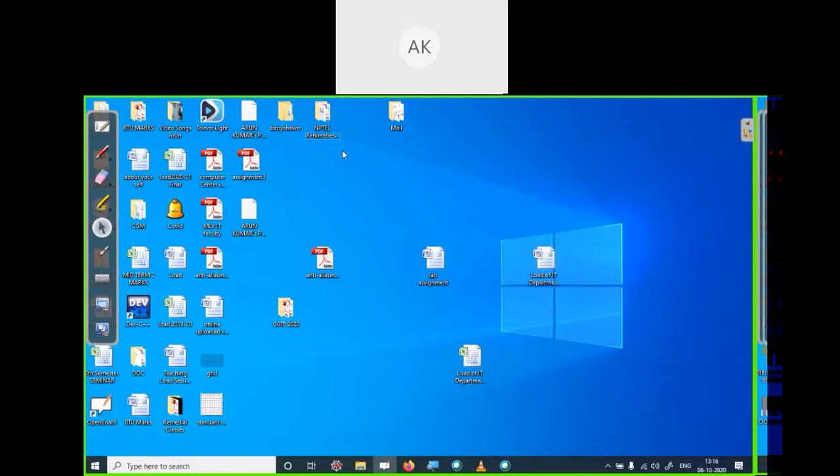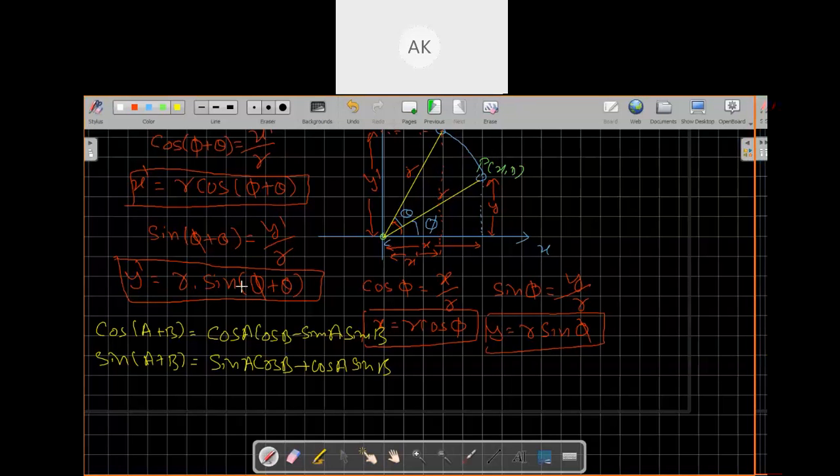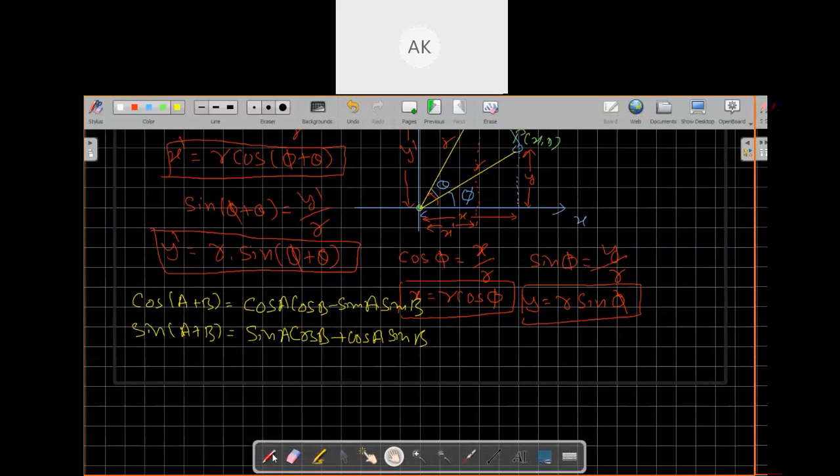For cos A plus B, it will be cos A cos B minus sin A sin B. Good. Any other student know the formula for sin A plus B? Sin A cos B plus cos A sin B. Good.